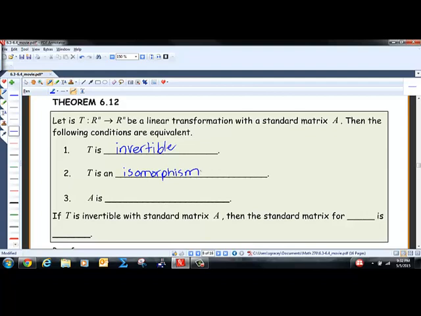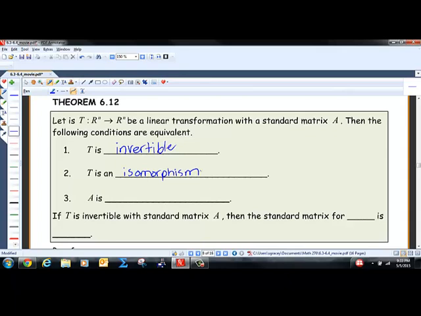So remember that you find out if T is one-to-one by seeing if the kernel just had the 0 vector and that's all. If that's true, then it's one-to-one. What about onto? Onto means that every image has exactly one pre-image.